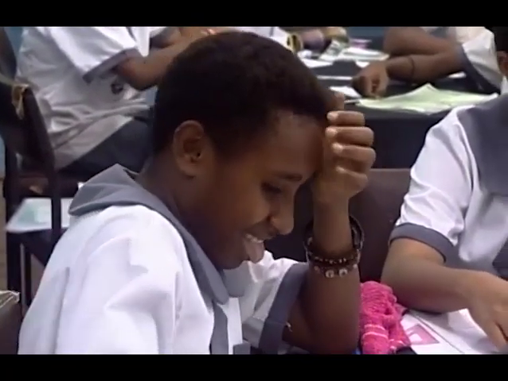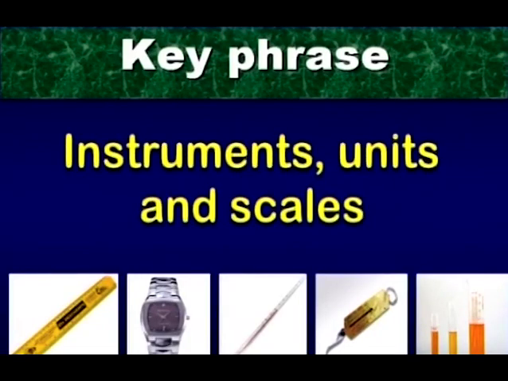What is our key phrase? Instruments and scales. Very good. Thank you. That was a good key phrase. Our key phrase for today. We looked at instruments and the scales and the units that were used.